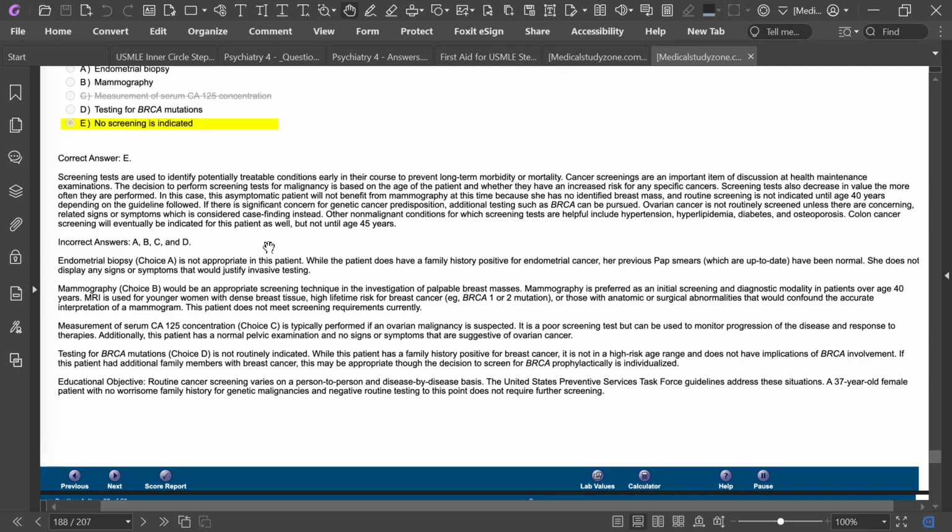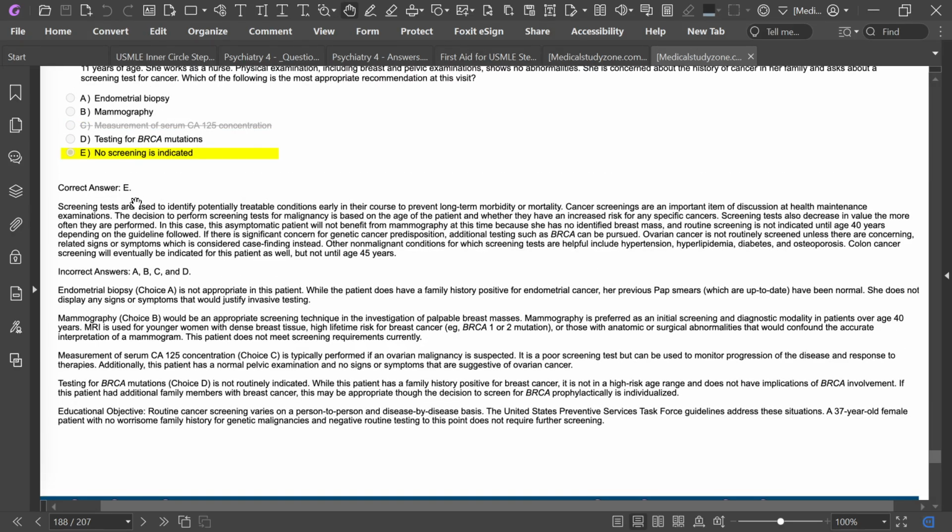So colon cancer screening starts at 45. We know that. And BRCA testing, when is it started? Is there any timeline?